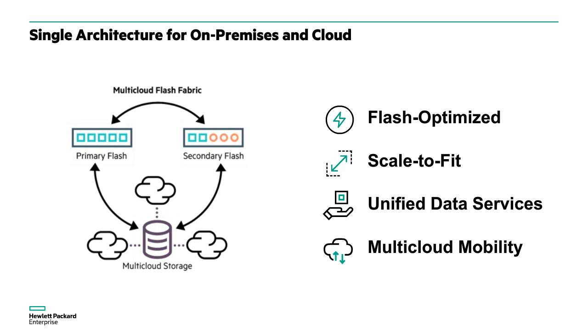You have unified data services across on-premises and cloud. And finally, multi-cloud mobility allows you to move data between on-premise and cloud seamlessly and without interruption. Let's take a little bit closer look at the components of the multi-cloud flash fabric.